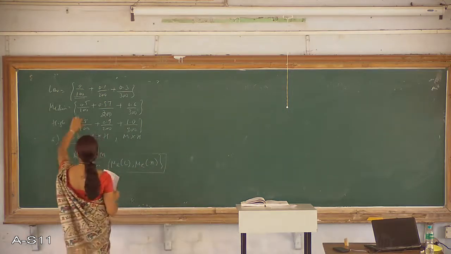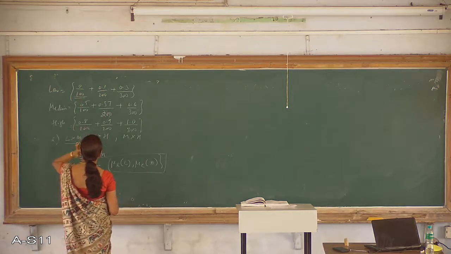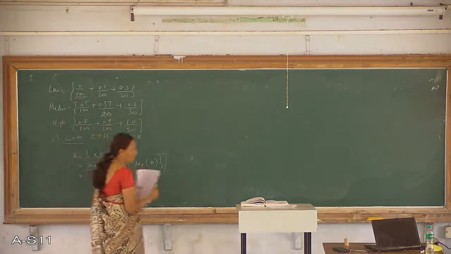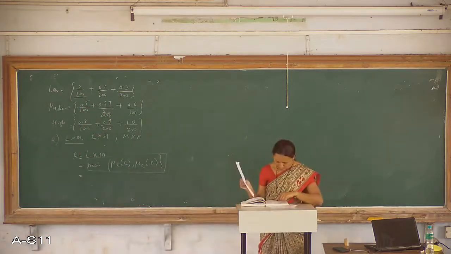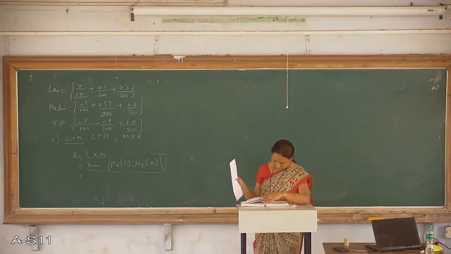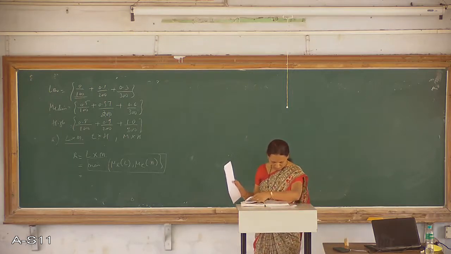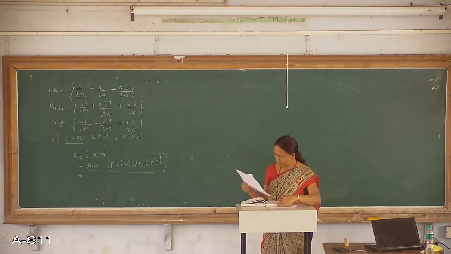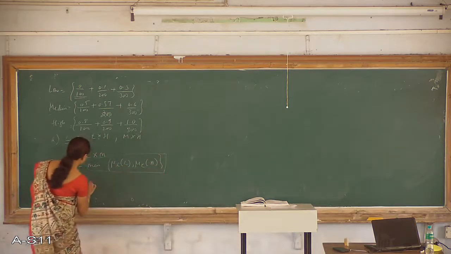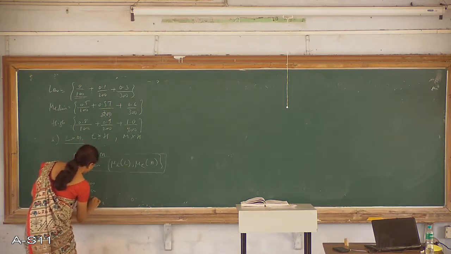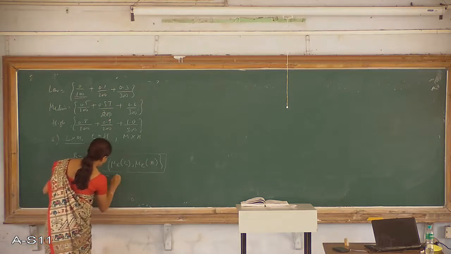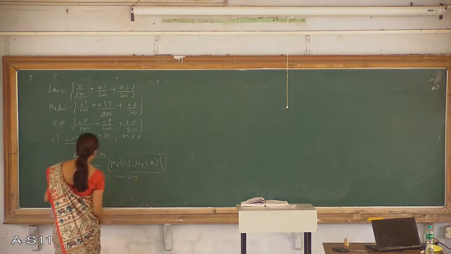Now the base is the same, 100, 200, 300, so I need to analyze every value. R is represented as 100, 200, 300 here, and also 100, 200 and 300 here.